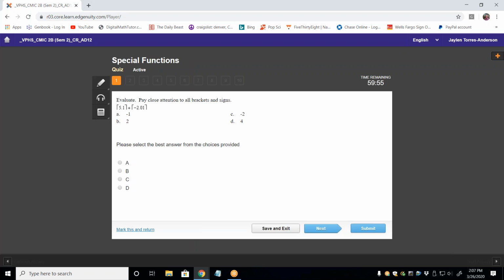Wow, this looks familiar. Yeah, yeah. Okay, so, well, this is the least integer function. So which way do you go here, left or right? Okay. So what is the least integer function of 5.1?